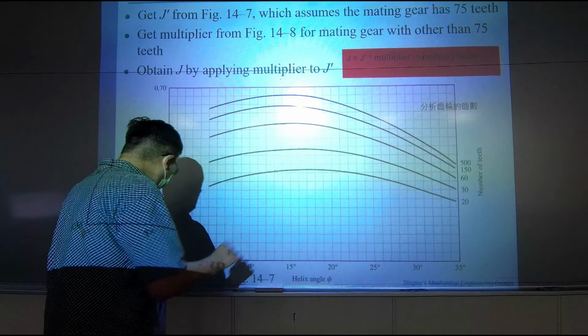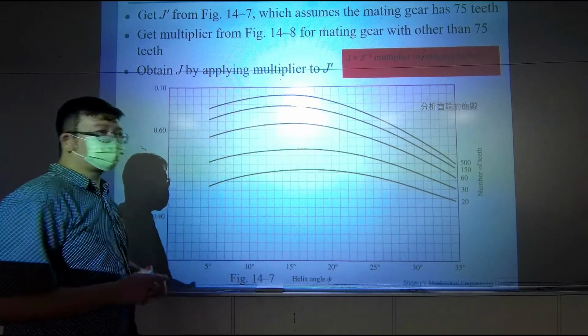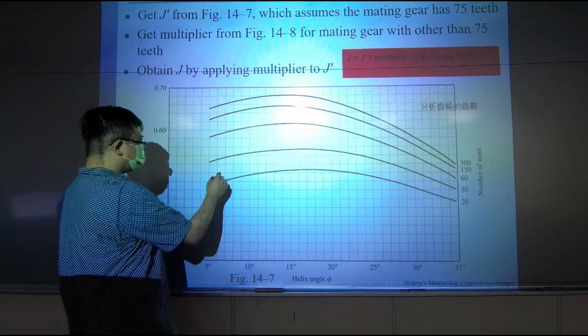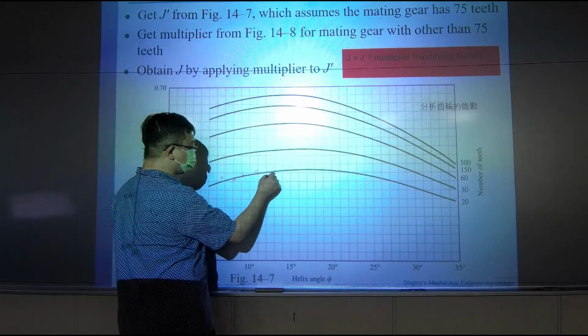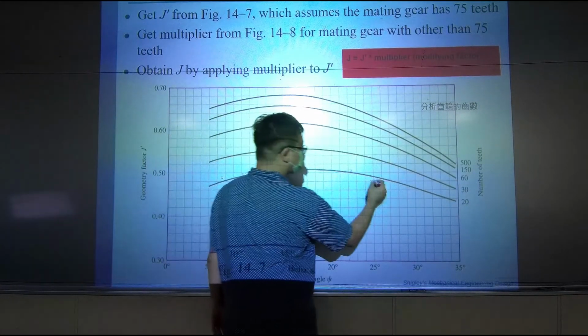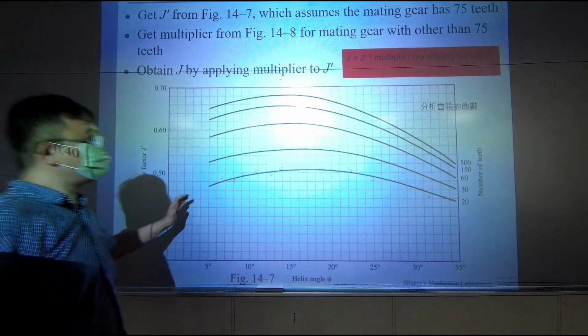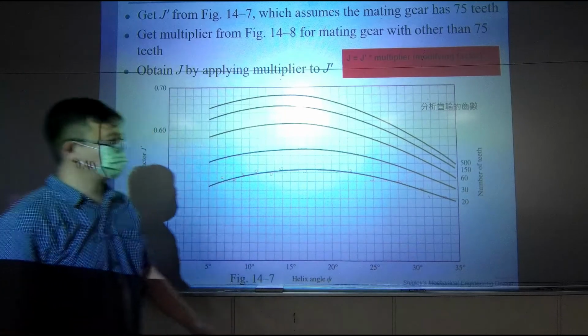So there must be some researcher who already did a lot of research. He got a lot of experimental data along the curve, and he drew a curve to pass through.